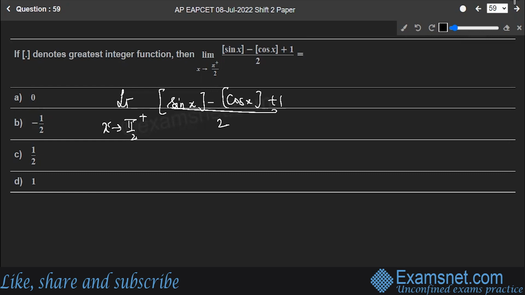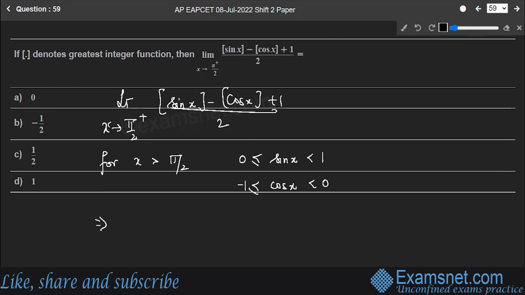So one thing, for x greater than pi by 2, the value of sin x will be greater than or equal to 0 but less than 1. Similarly, cos x will be greater than or equal to -1 but less than 0. Okay, so now let's fill in.